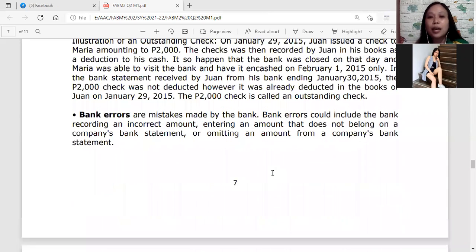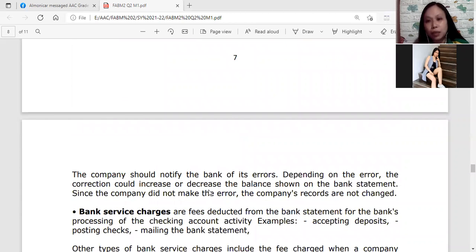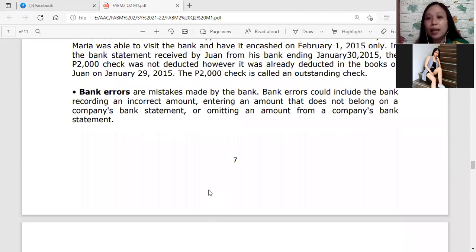A bank error could be an addition or a subtraction, depending on the error. In our example previously, it was supposed to be 1,000 but what was recorded is 100. So what do you think you're supposed to do?